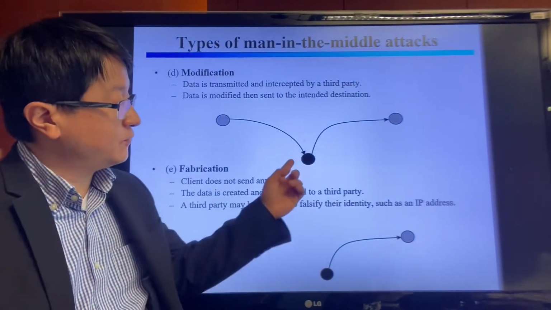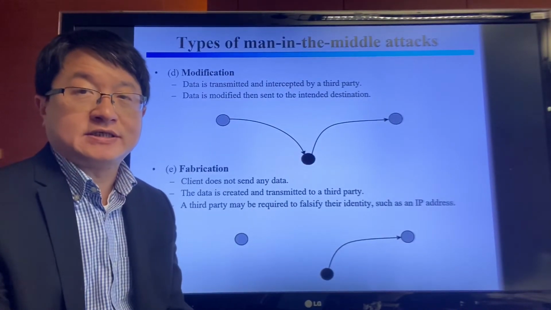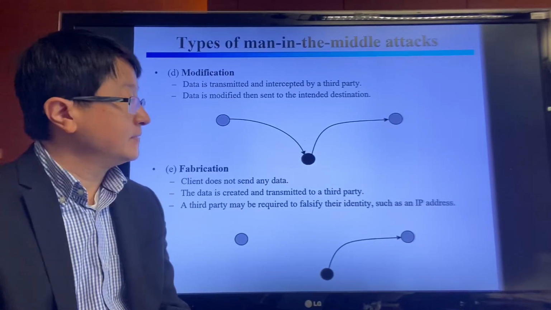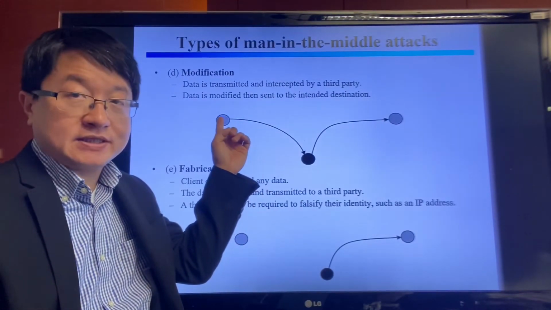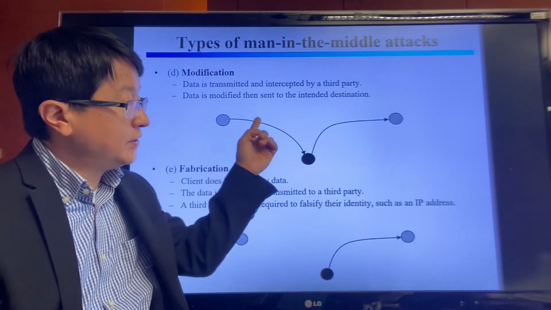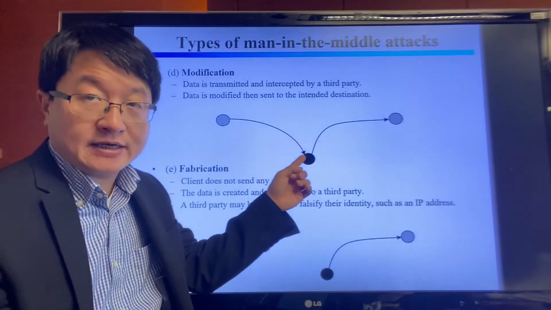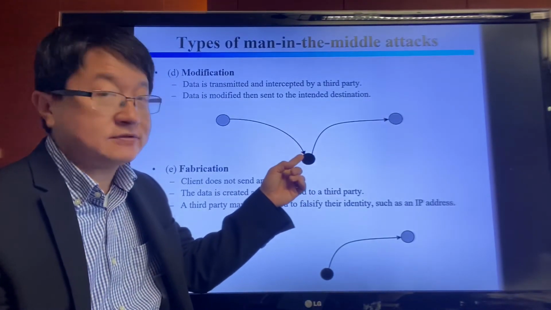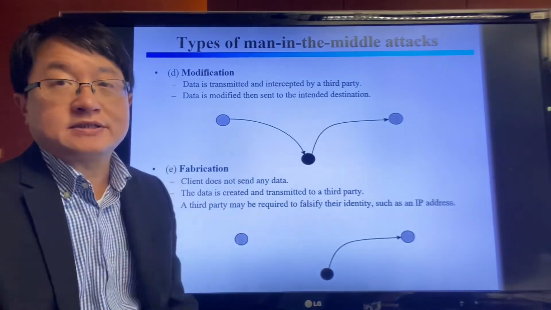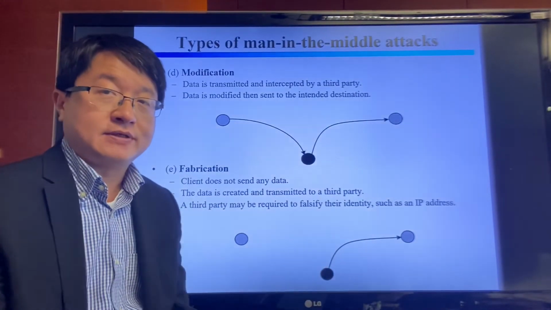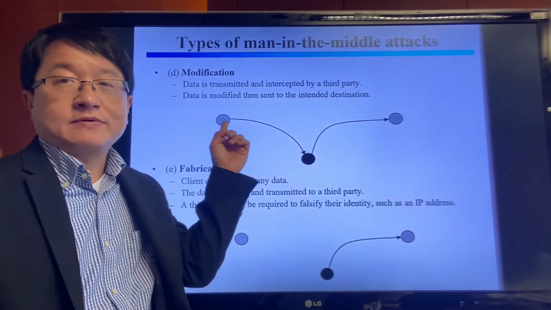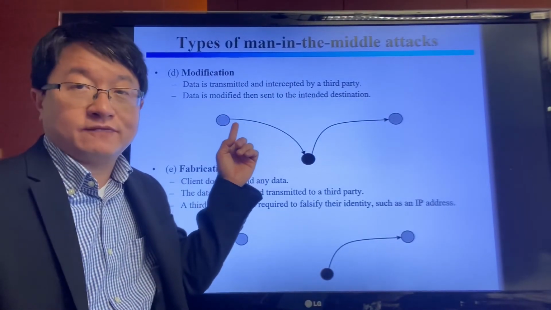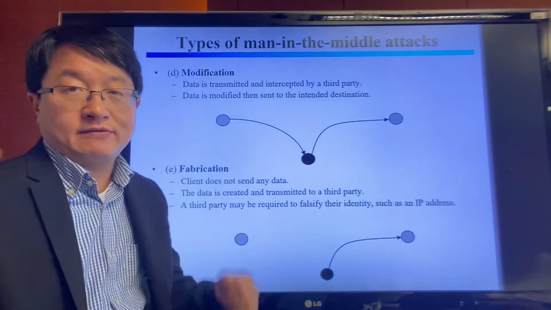An even worse situation is modification. The data sent from the source will be intercepted by a hacker, and then they modify the content and send it to the destination. For example, in a tender bidding process, a competitor offers a bid of, say, 1 million.